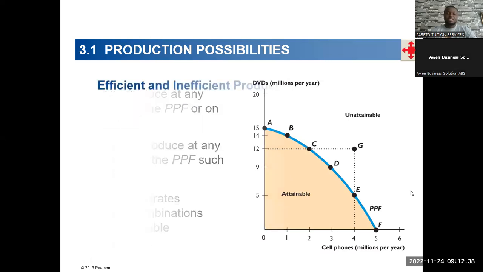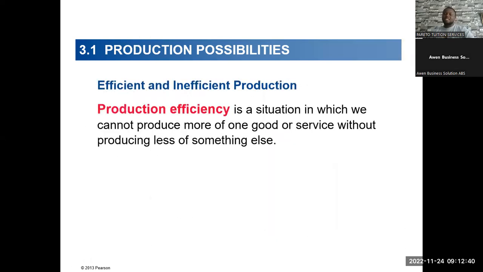Let's look at production efficiency, efficient ones and inefficient ones. Now, when do we say that our production is efficient? Assuming, let's take, for example, these 2 goods that we are producing. We'll say that we are producing at an efficient point if by producing more of either DVD or cell phone, we have to sacrifice the other good.